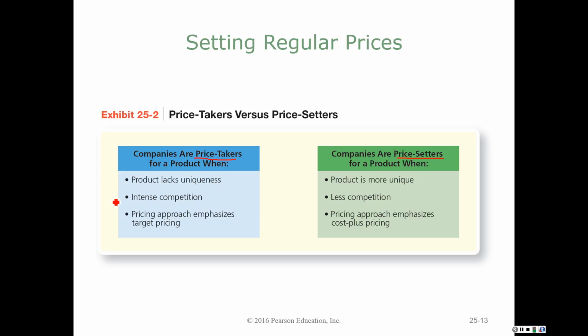There's not very much uniqueness to our products, just something that everyone needs. There's a lot of competition. The product can be sold in the market almost anywhere. So if this is the case, we are more likely to take on what your book calls a target pricing strategy. And we'll talk about what that is in more detail in the upcoming slides.